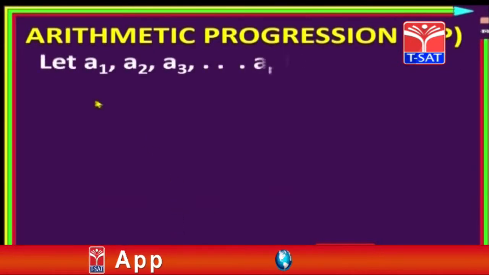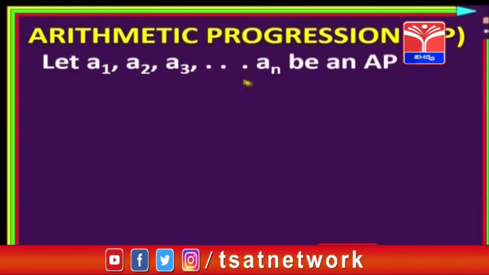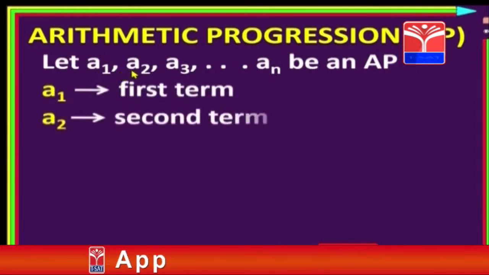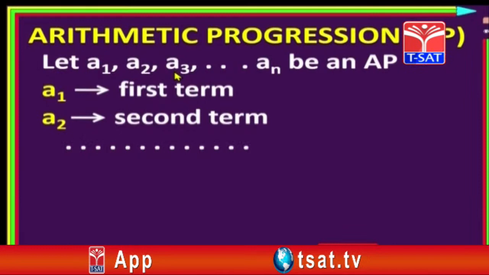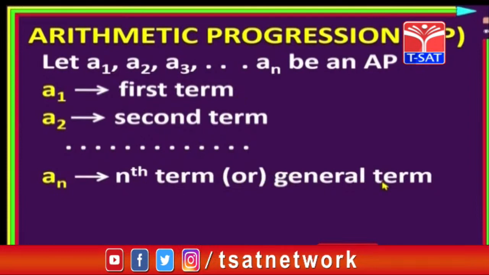Now let us see the series of an arithmetic progression. The terms of an arithmetic progression are of the form A1, A2, A3, and so on up to An. A1 is called the first term, A2 is the second term, A3 is the third term, and so on. The last term An is called the last term, or nth term, or general term.